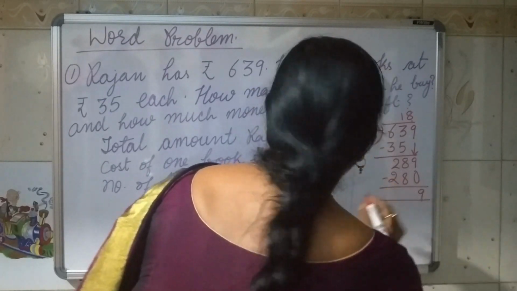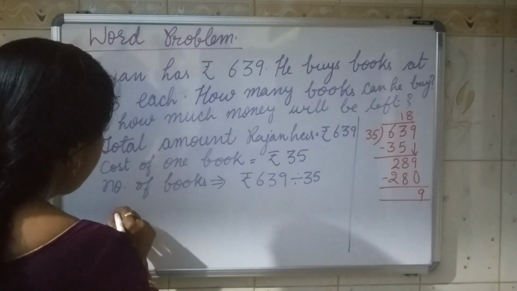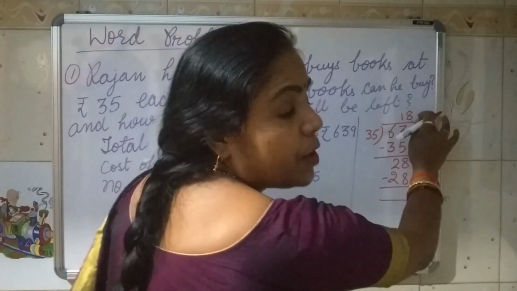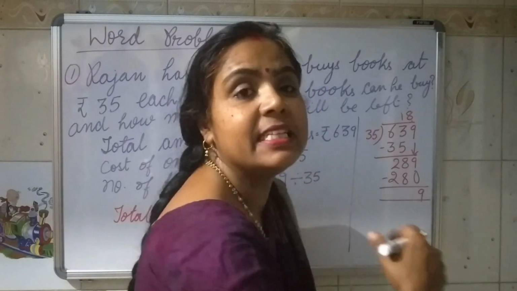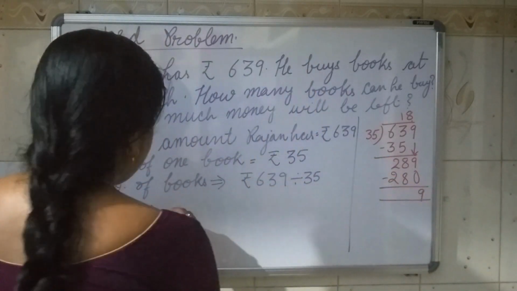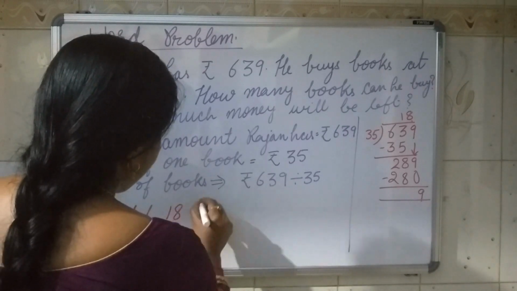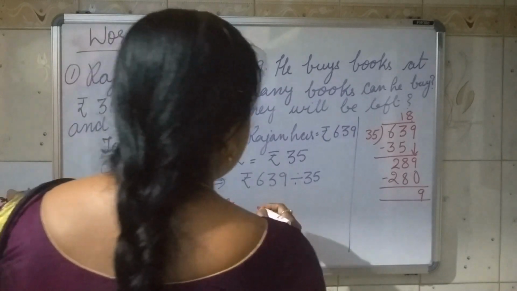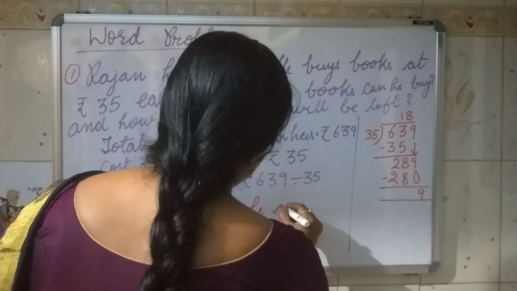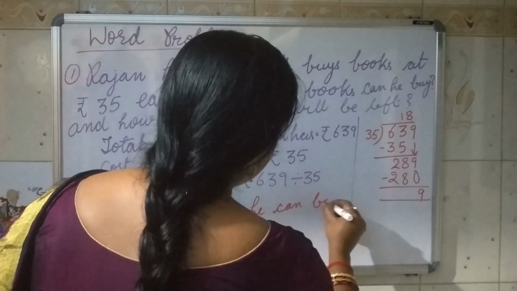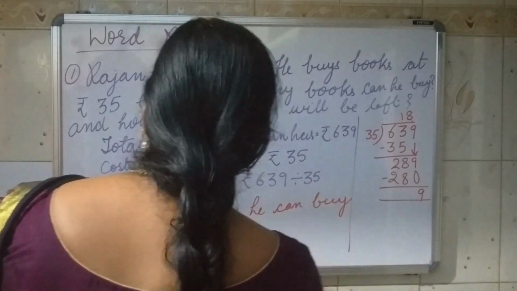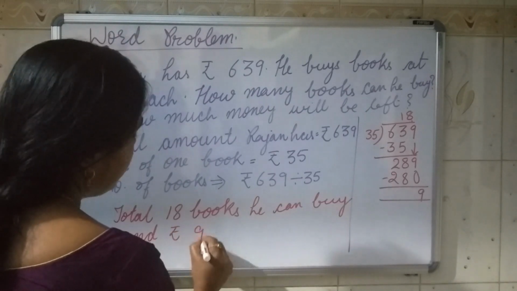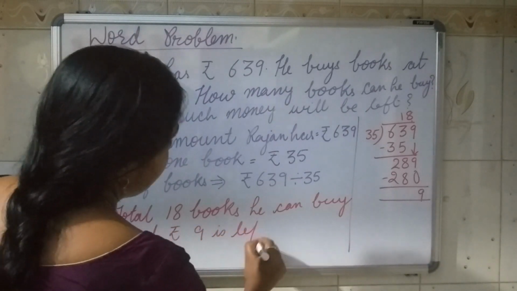So the answer is, whatever the quotient, that is the number of books, and whatever the remainder, that is the amount left. So he can buy a total of 18 books, and rupees 9 is left with him.